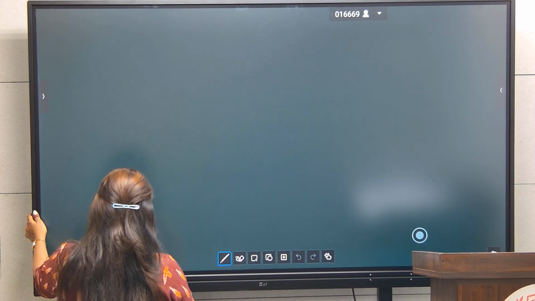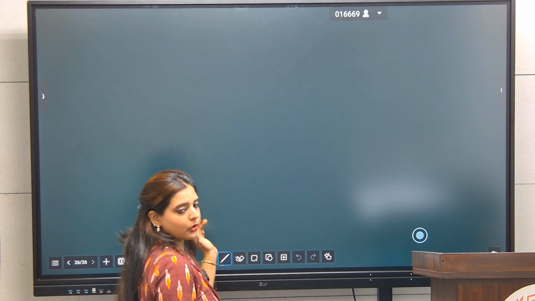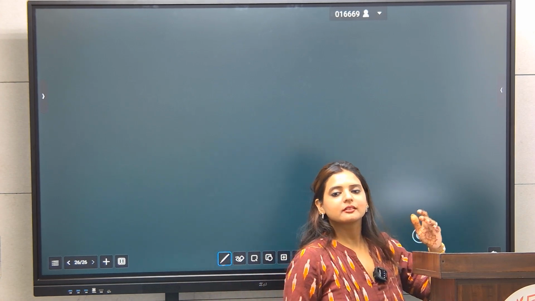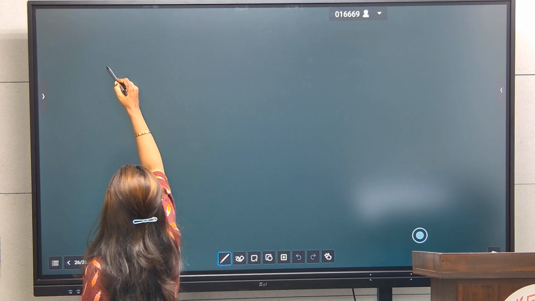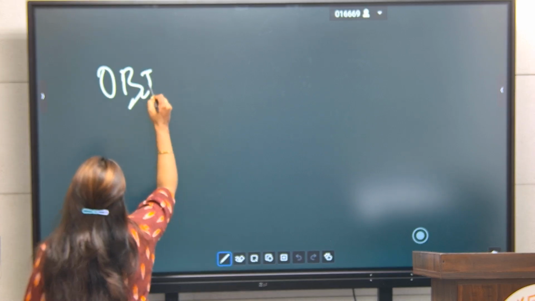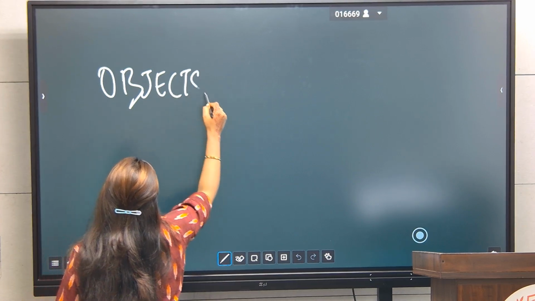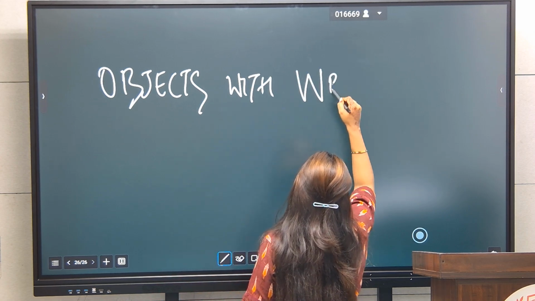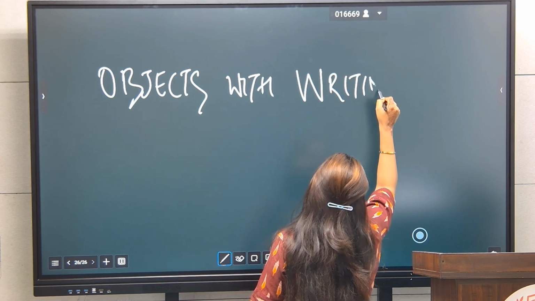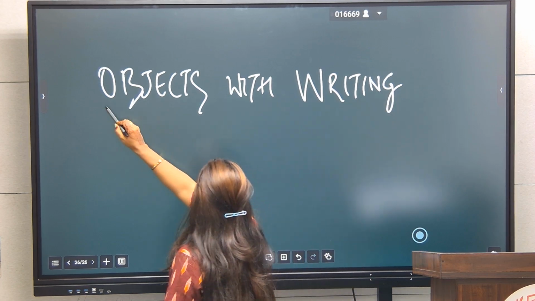Harappan people used a lot of objects on which these scripts were written. These were objects with writing.